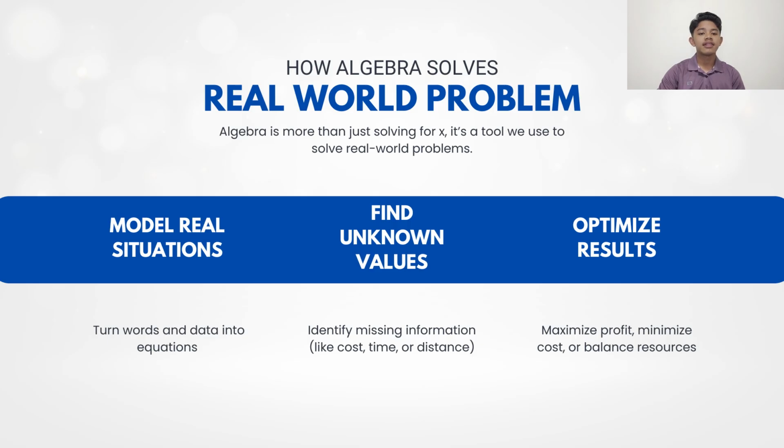Next, algebra helps us to find the unknown values, like how long a journey will take or how much material is needed for construction. Next, algebra also lets us optimize results, such as maximizing profit or minimizing production costs through methods like linear programming.